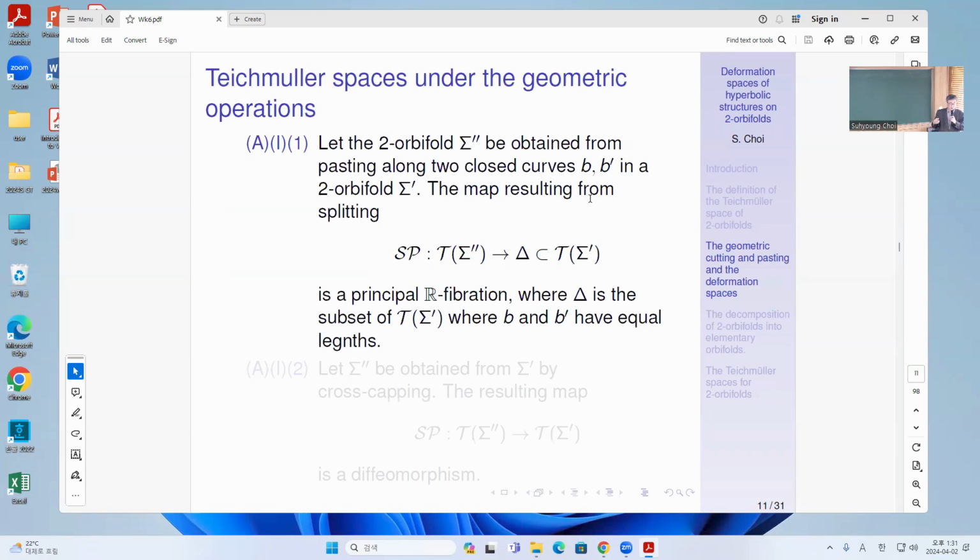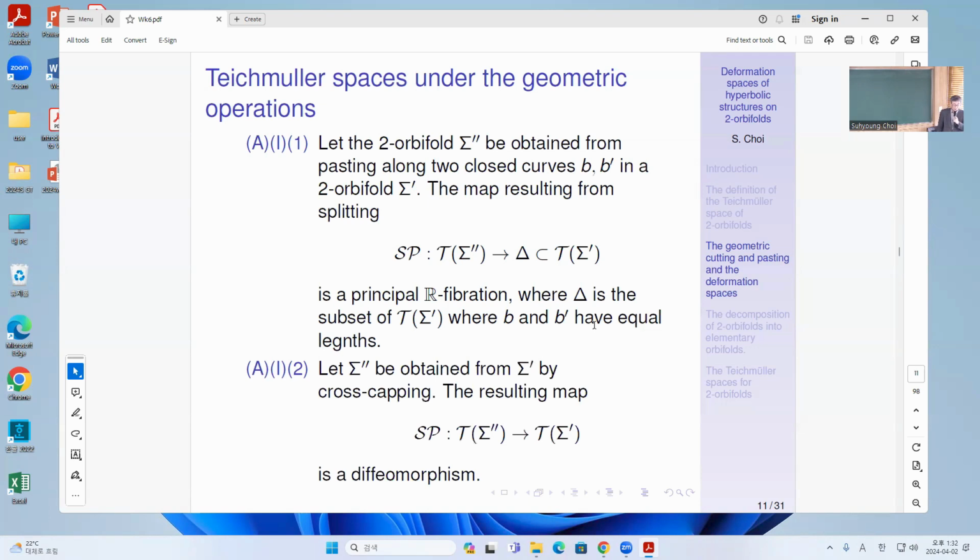If you glue these together, then the Teichmüller space of the glued space, if you split along what's glued together, gives a subset delta, where these have equal lengths, because you need equal lengths to glue. And this is a principal R fibration, because there's an R way to glue it. For the same result, there was actually an R way to get sigma double prime. That's why it's a fibration.